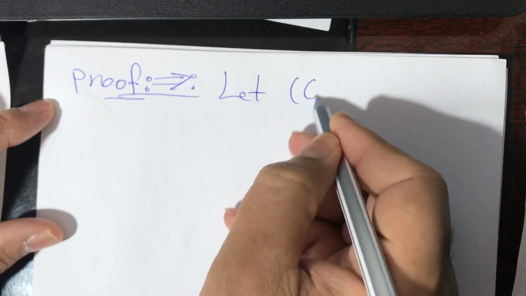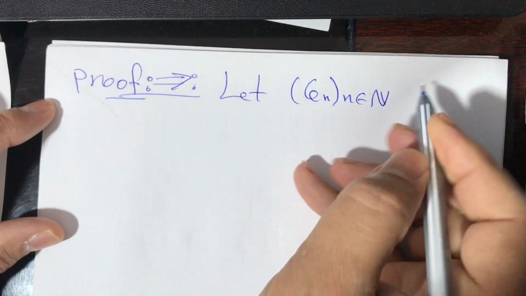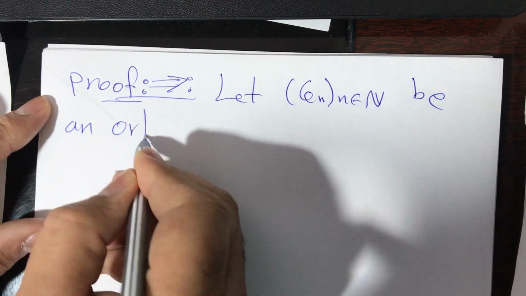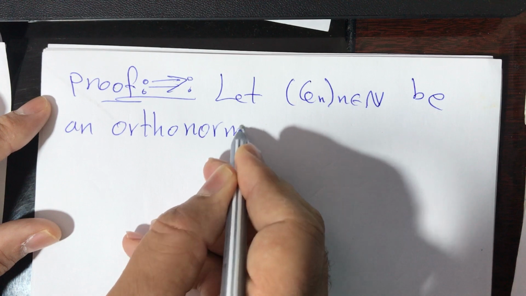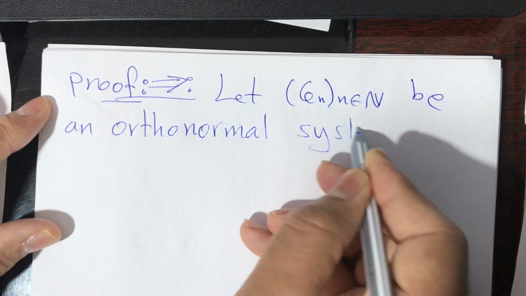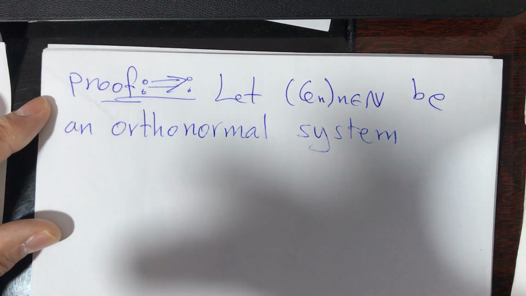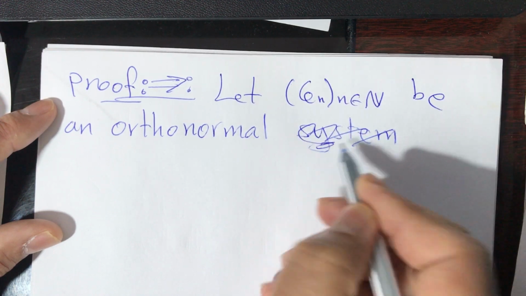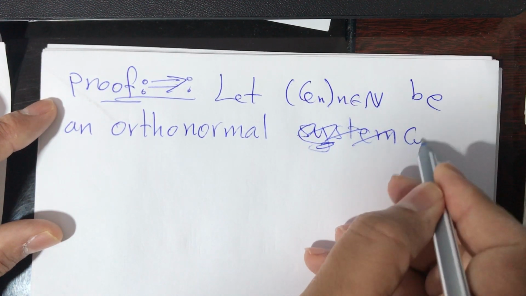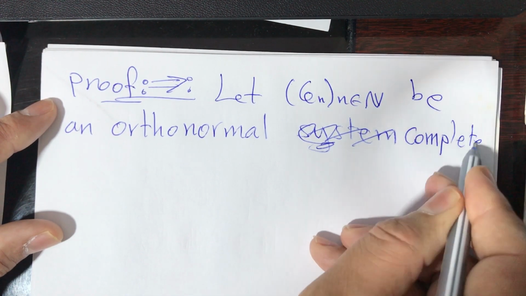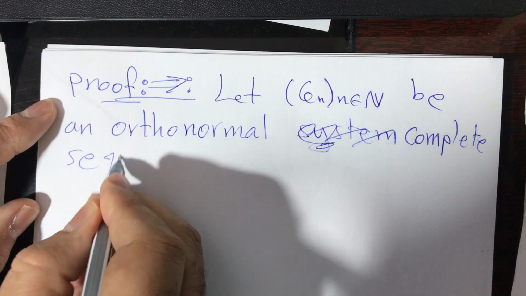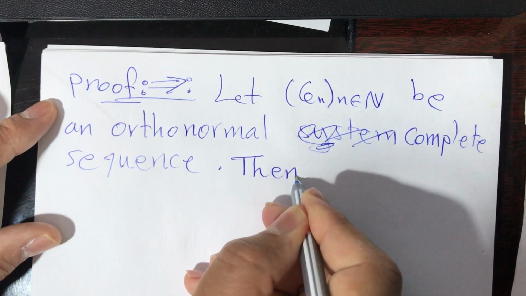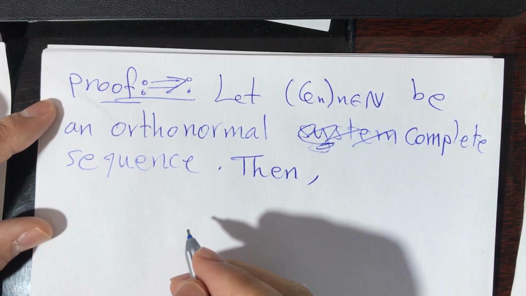Let phi n, n belongs to the natural numbers, be an orthonormal, sorry, complete sequence.